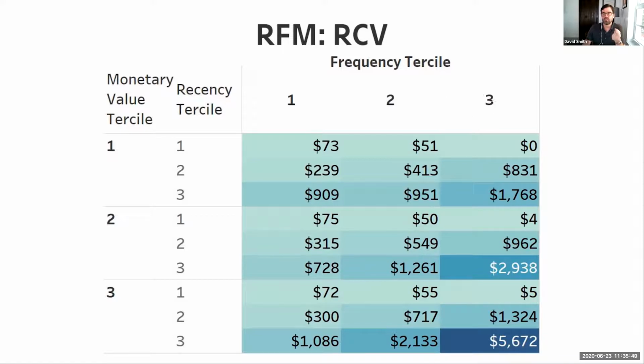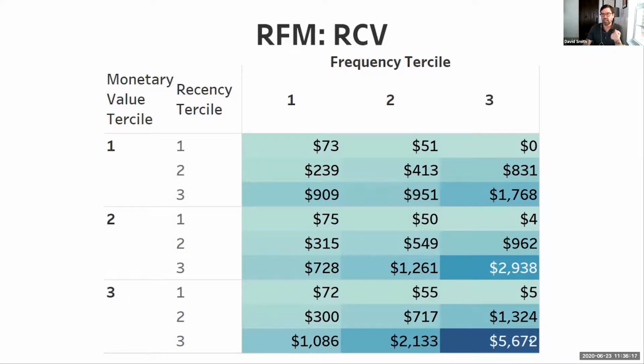The most frequent customers are frequency 3, the second most frequent customers are frequency 2, and frequency 1 are the least frequent customers. Same thing with recency. The most recent customers are recency 3. The least recent are recency 1. And then monetary value 1, 2, 3. The most value is in 3. So if you're 3, 3, 3, then you're the best, right?